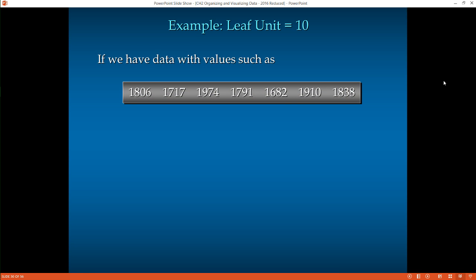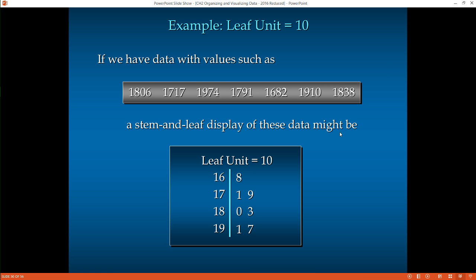Okay, some more information. If we have big data values like this in the thousands, look at this stem and leaf display. So I went with the tens unit for the leaf. The leaves are the tens unit. So it's kind of what I did earlier with the decimal data.